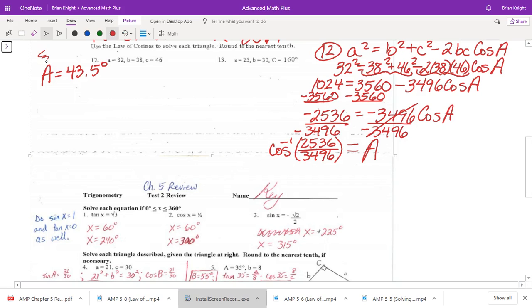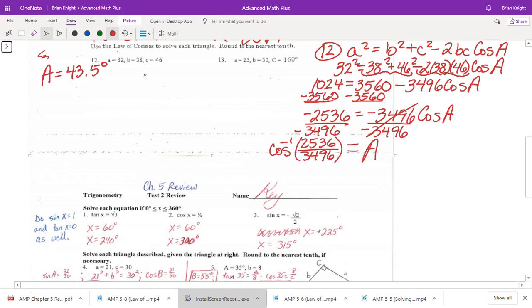All right, now that we know A, and we have side A, what can we use? Law of sines, okay? Or you can go through all this again and get B and C, but it's quicker to do law of sines. So I'm going to say, let's find angle B first. Now, since we're finding the angle, I'm going to write the angle where?